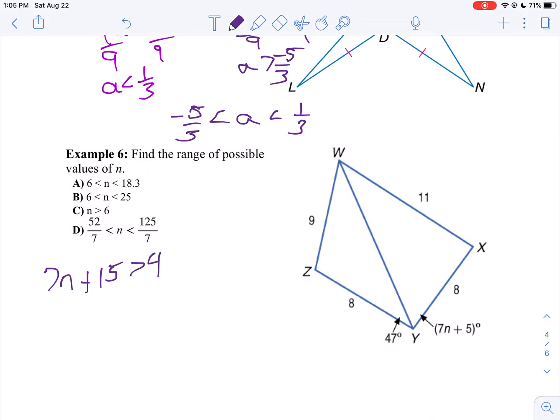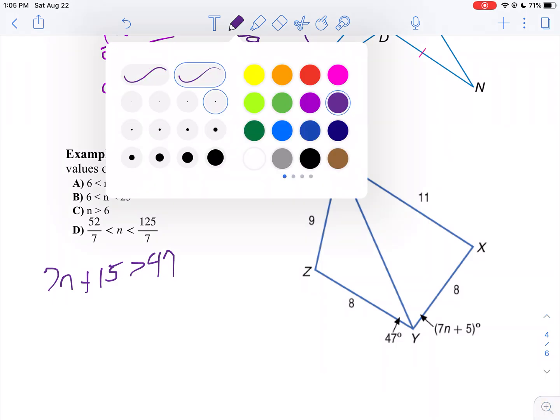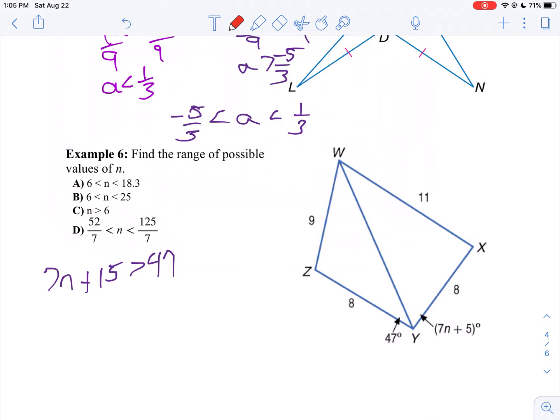Okay, let's solve this problem. Must have had too much coffee this morning because I keep on shaking when I'm writing here. So we subtract 15 from both sides, and we get 7n is greater than... Whoa, I just noticed something.